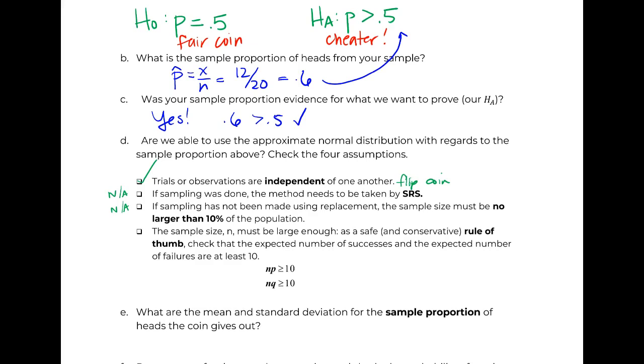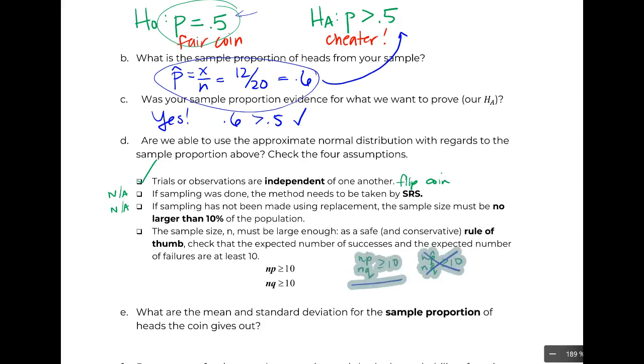So in this case, you'll note, remember in 6.1 we had np, nq greater than or equal to 10. In 6.2 we had np hat, nq hat greater than or equal to 10. And in this particular question, we have both a p running around and a p hat running around. So it's not necessarily immediately obvious what we should be using, but we should go ahead and use the real p, even if it's a hypothesized real p from our null hypothesis.